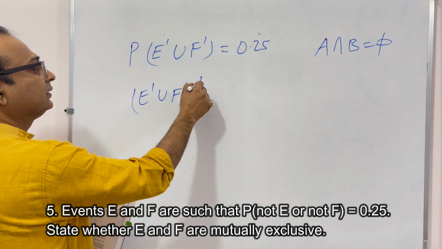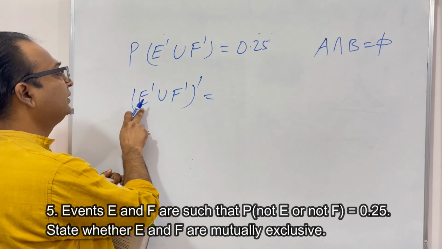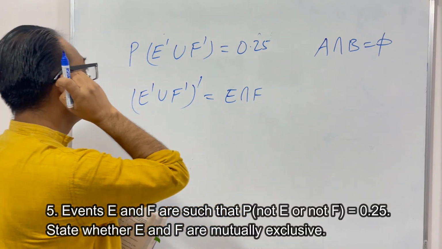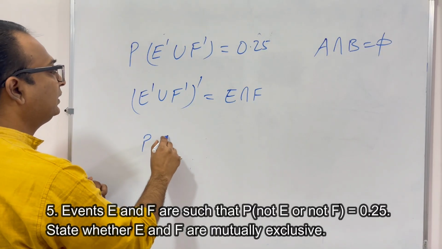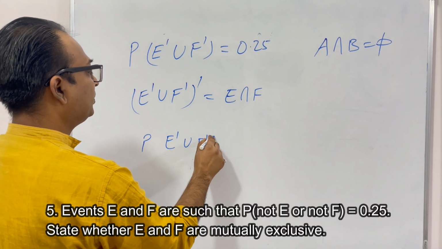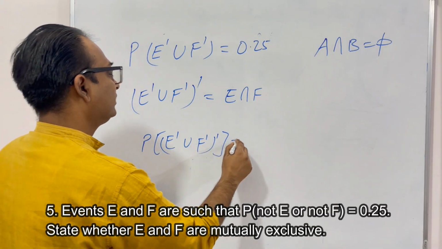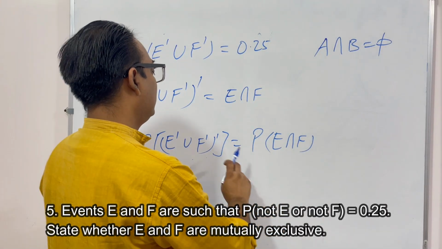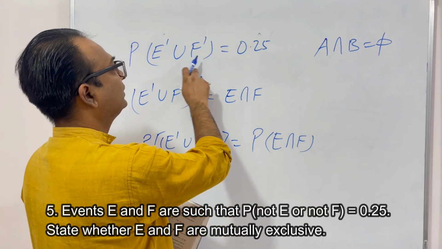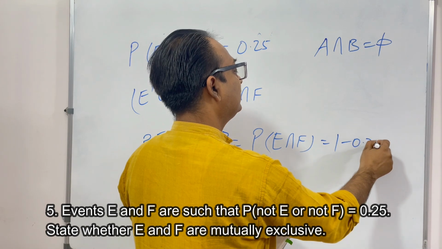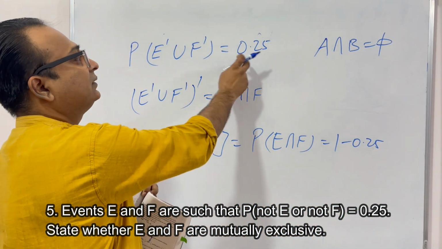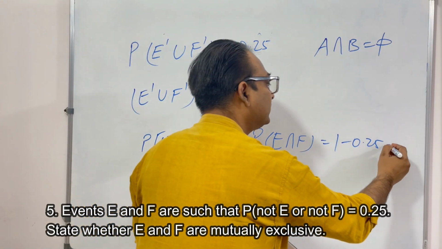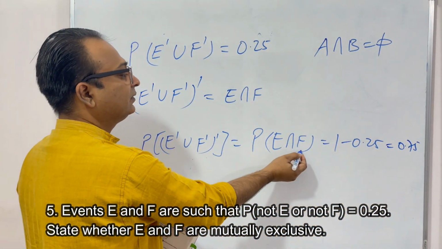If you take the complement of this, by De Morgan's law, this is the complement of E intersection the complement of F. That is, this will become E intersection F. So if we take the complement of this, that is P(E complement union F complement), this will give the probability of E intersection F. And this is 1 minus 0.25. If the probability of A is 0.25, then the probability of A complement is 0.75. So this is 0.75.